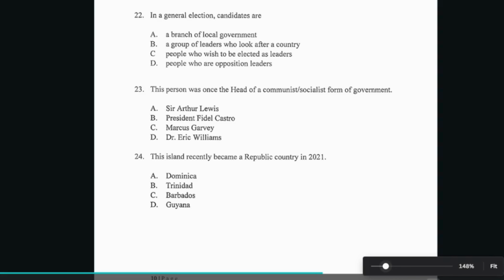So number 24. This island recently became a republic country in 2021. This is a question where you need to be listening to the news. You need to be staying abreast with what is happening locally, regionally, and internationally.